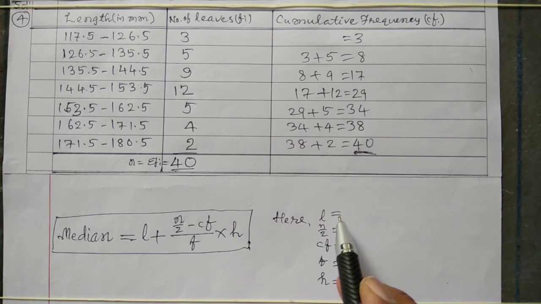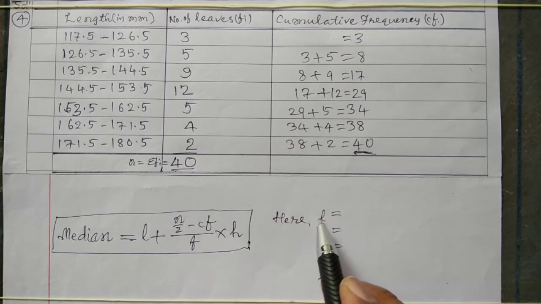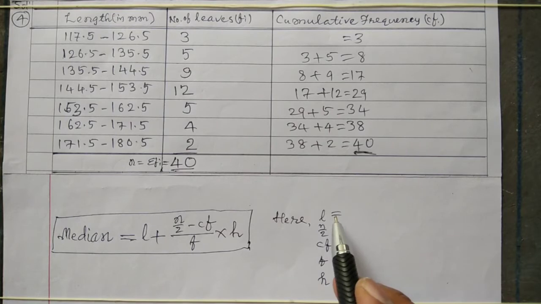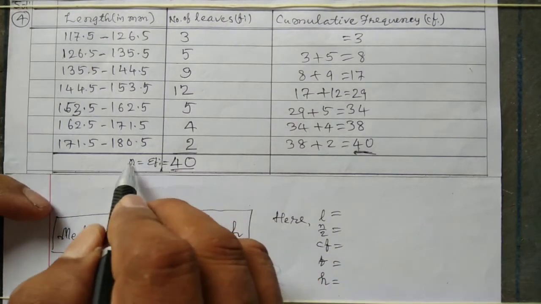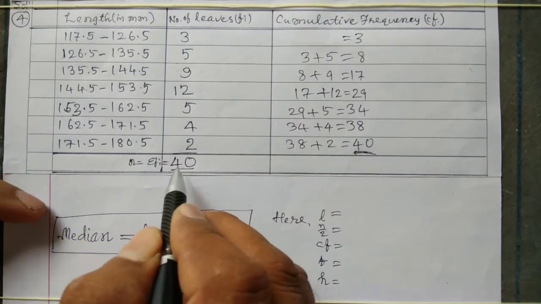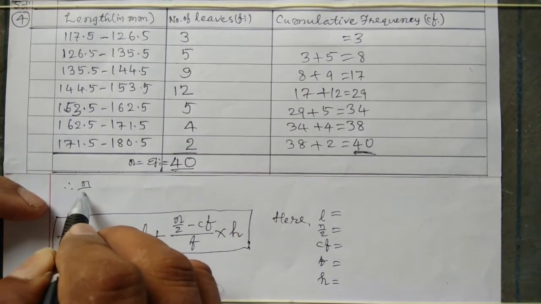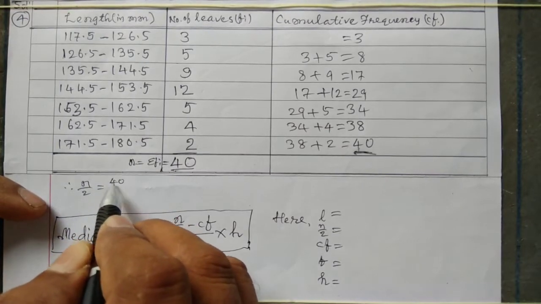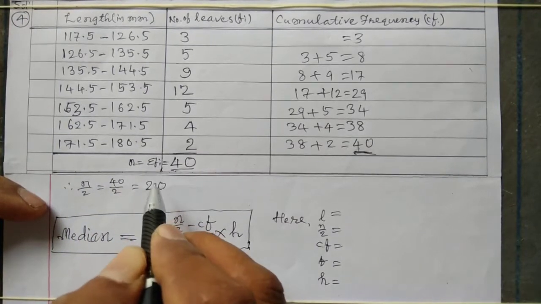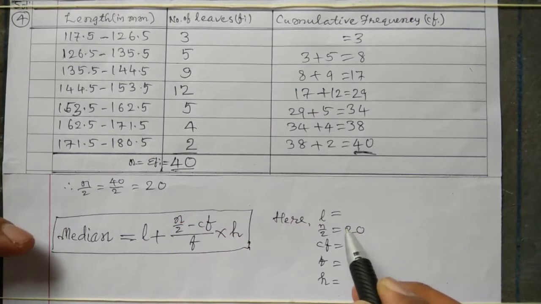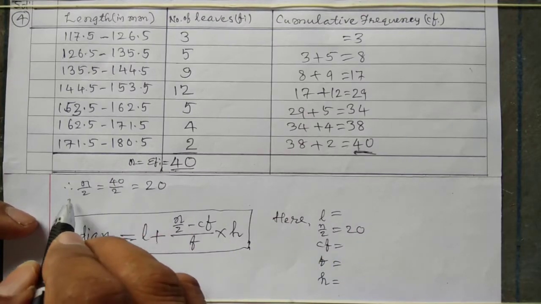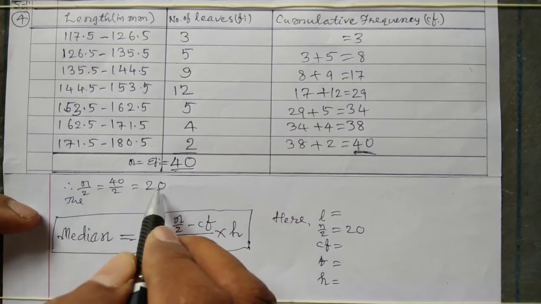First, the lower boundary. L is the lower boundary of the median class. So how to find it? Here n is 40, therefore n by 2 is 40 by 2, which is 20.